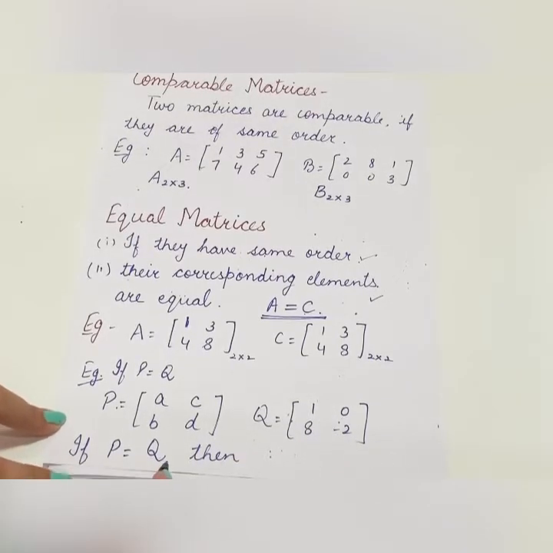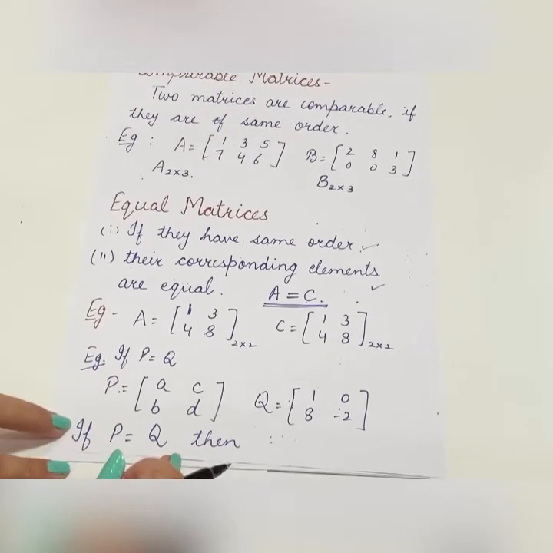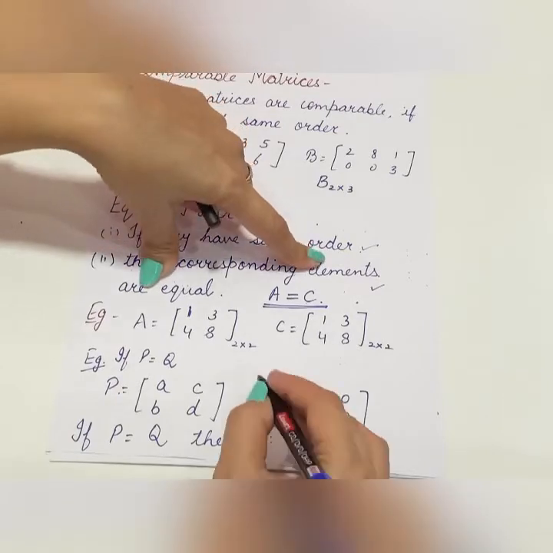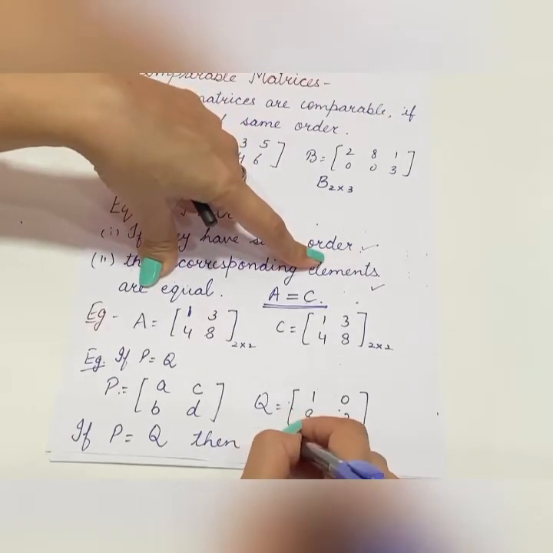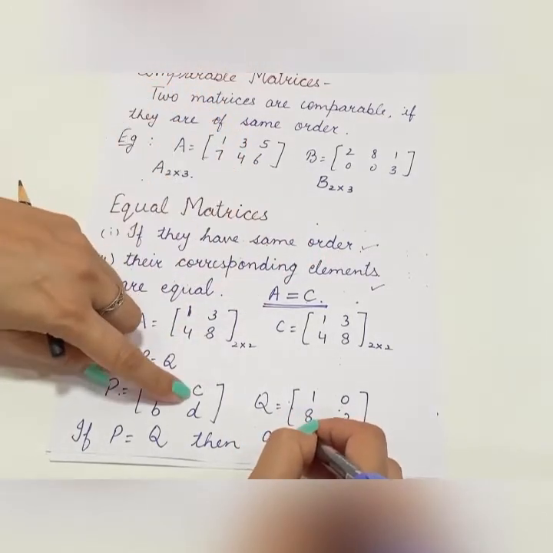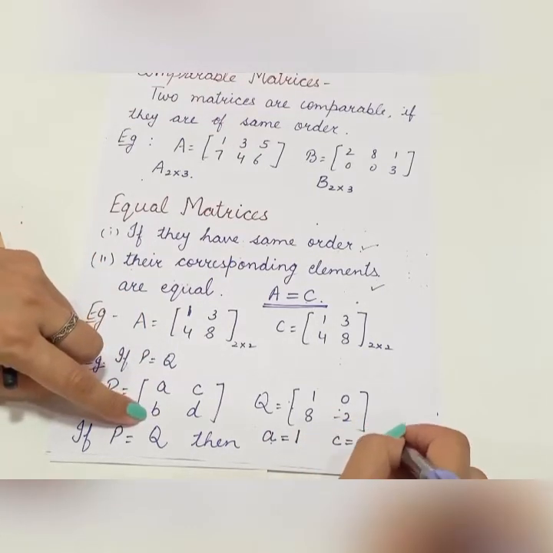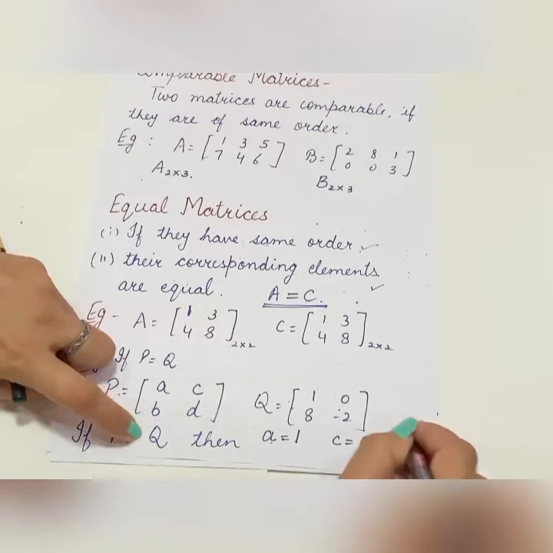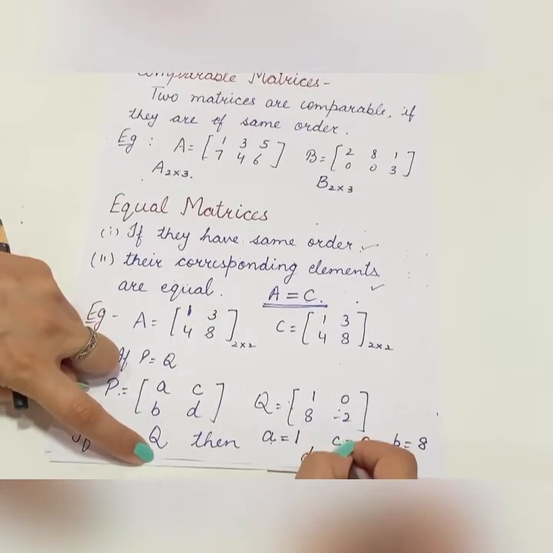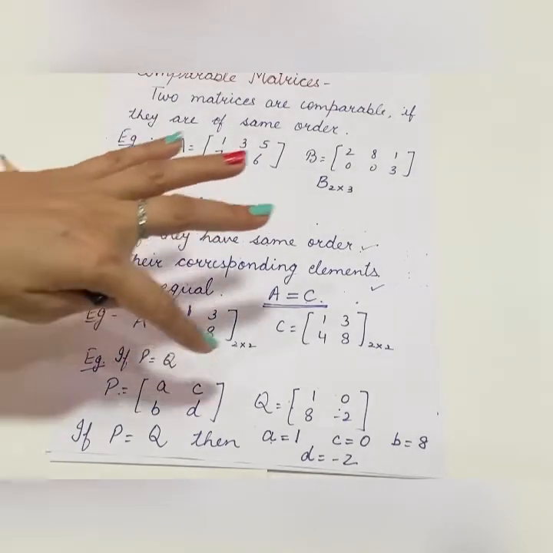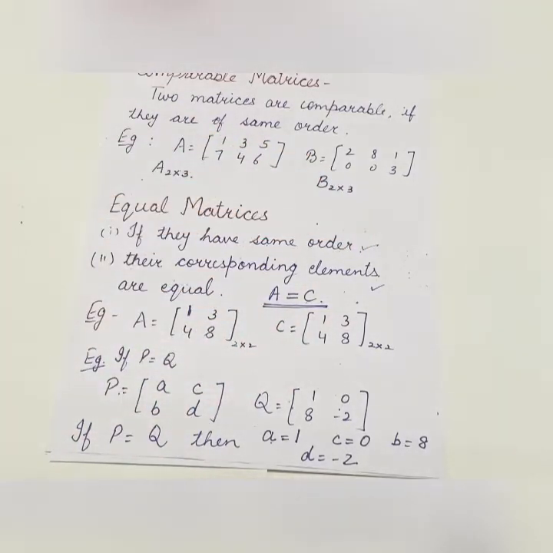Then if it is said that P is equal to Q, that means their corresponding elements will be equal. Then what will you have? The value of a will be equal to 1. The value of c will be equal to 0. b will be equal to 8. And d will be equal to minus 2. That is, if the matrices are equal, then we can take their corresponding elements to be equal.